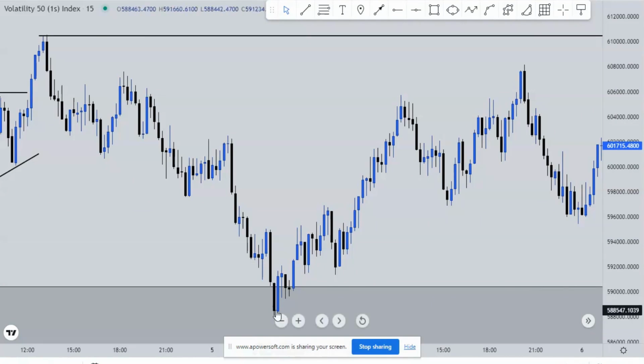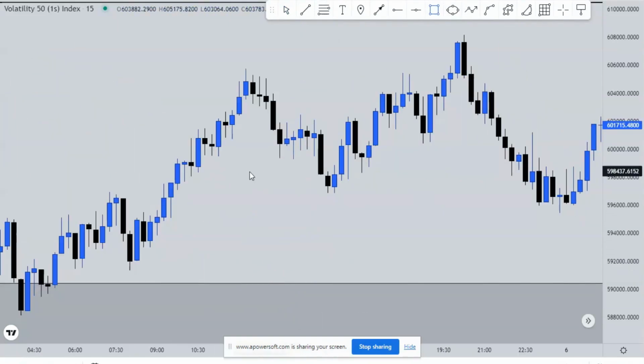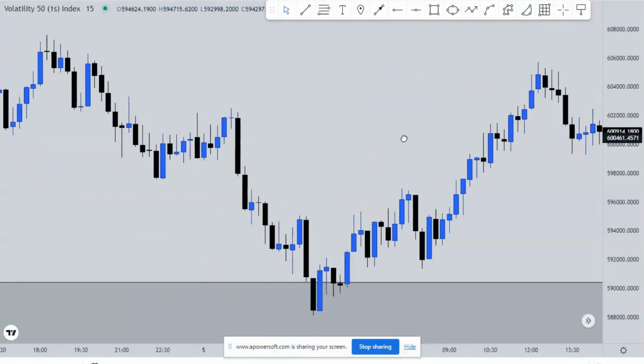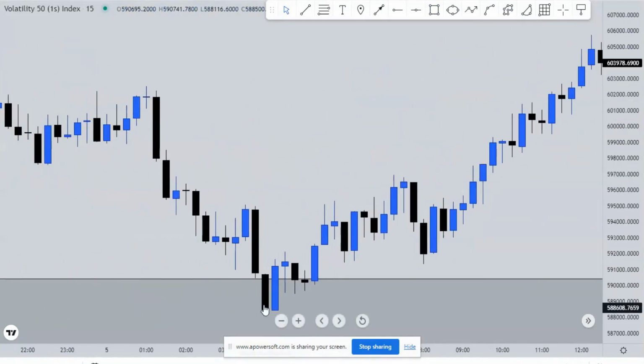In this zone of mine, you can see that we have a nice bearish candle, which is here. And all of a sudden, we get a bullish engulfing candle.